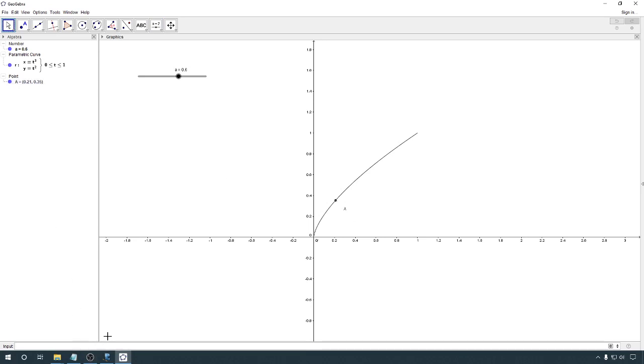I'm going to take the unit tangent at that point. So remember, to take that unit tangent, I'm going to take A, then A plus the derivative. The derivative here is 3a squared, 2a, but then I need to divide by the magnitude of that. So I'm going to square those.